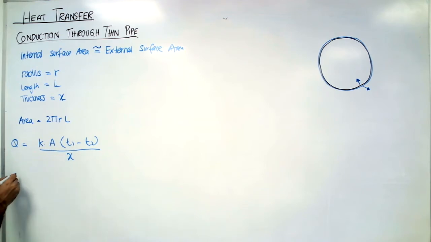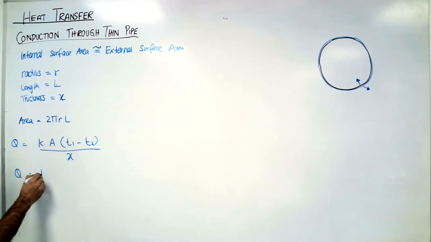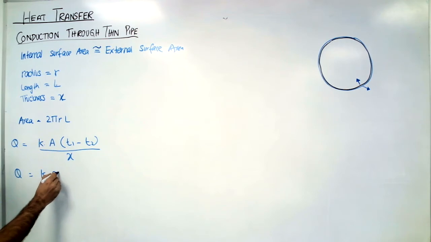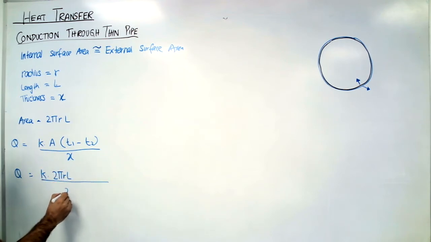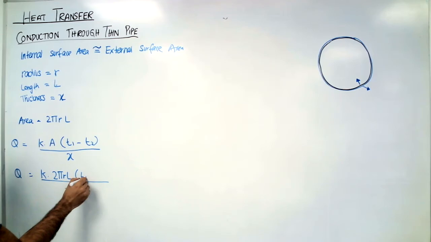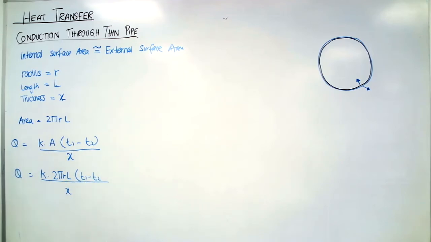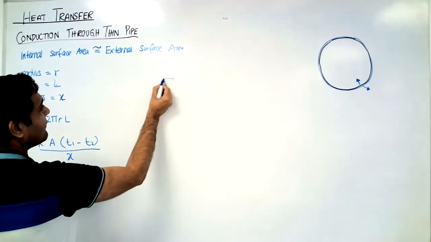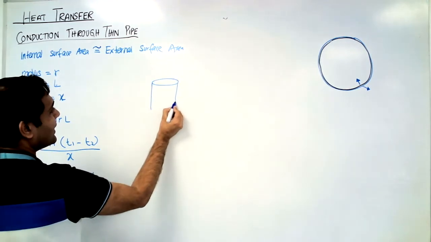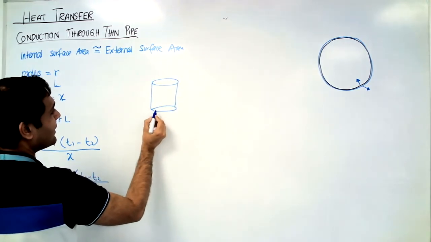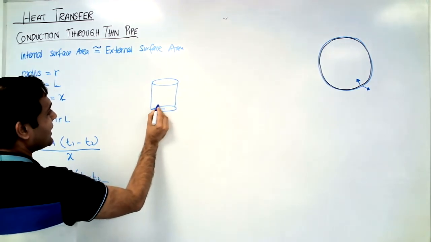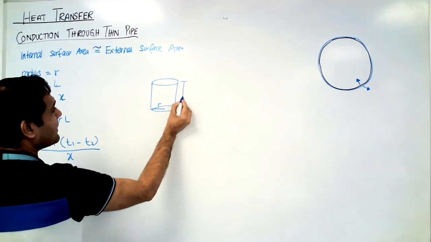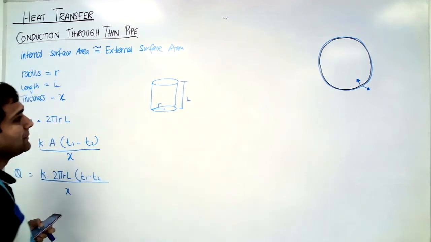This can be simplified to K times 2 pi r L over x, times (T1 minus T2). Where did I get this from? The area of the cylinder. When I draw the cylinder or a pipe, the radius is r, and the length is L.